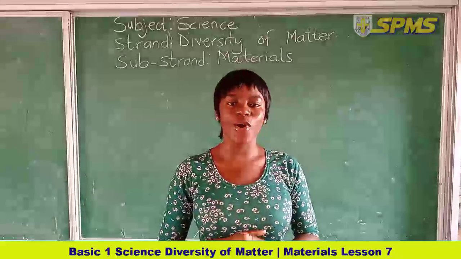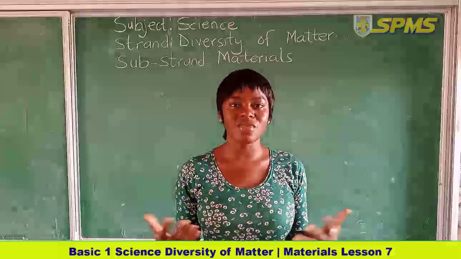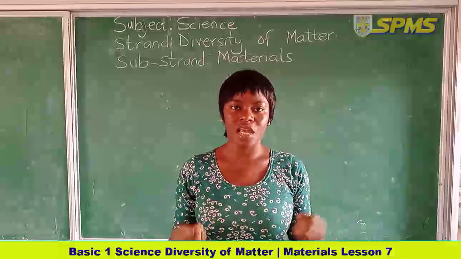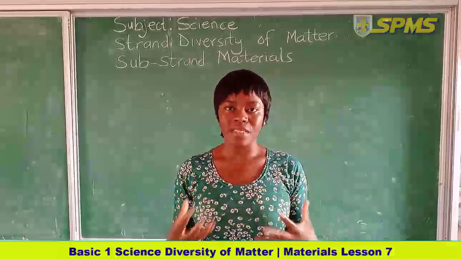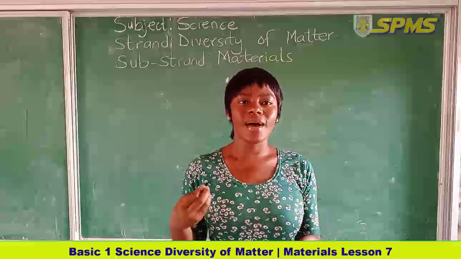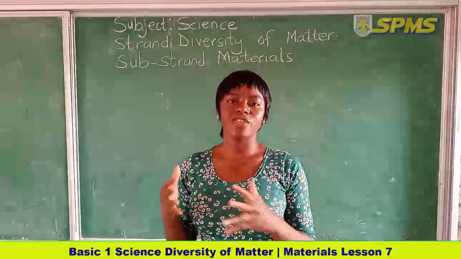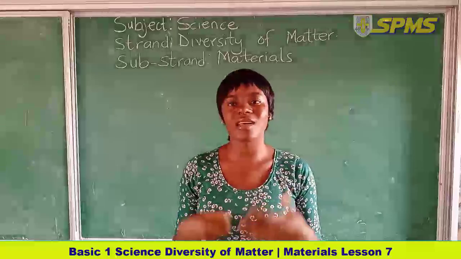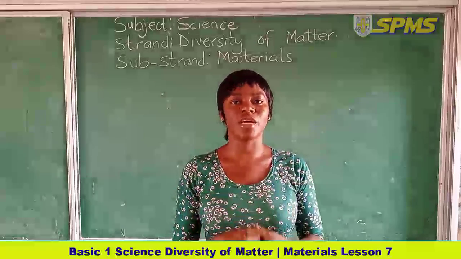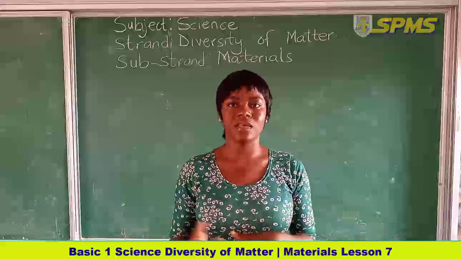Now let's move on. In our previous lesson, we looked at materials. We looked at some features, characteristics of what? Materials. Today, we are going to look at how to differentiate materials based on their shapes, their sizes, colors, and what? Texture. We have different materials around us.